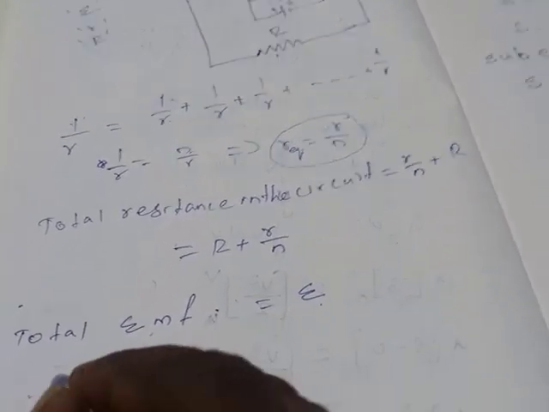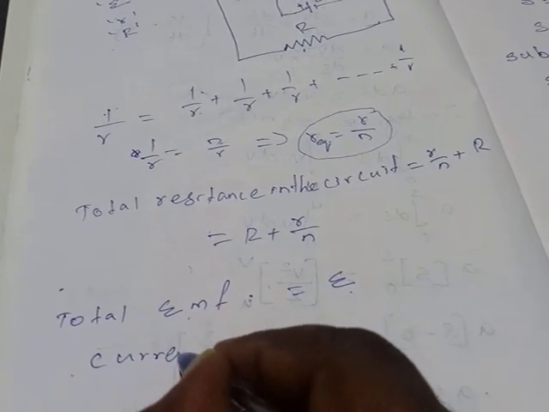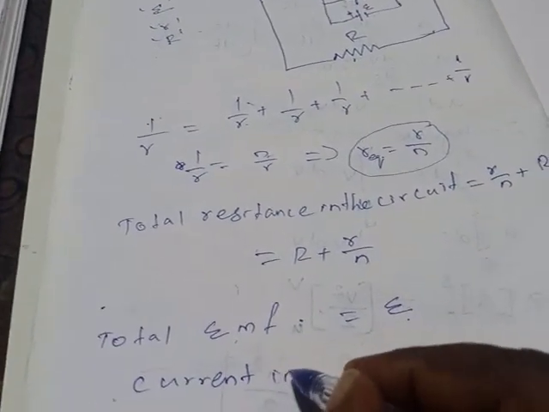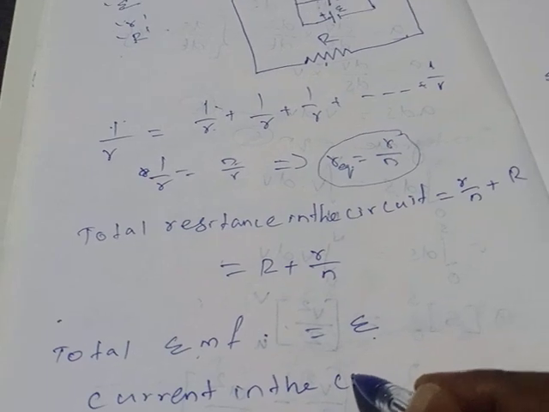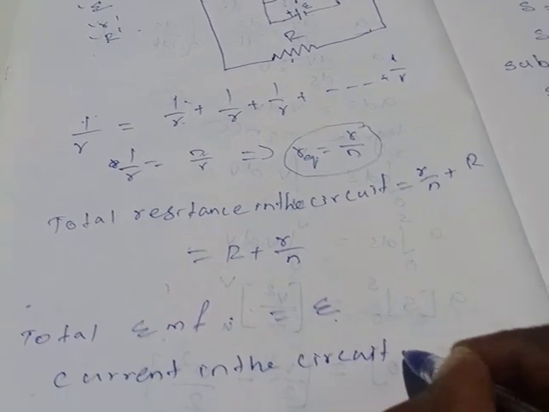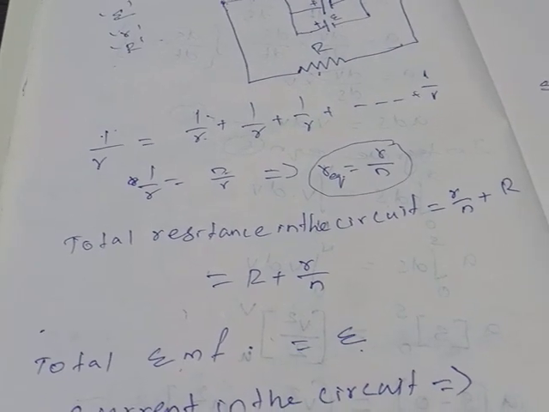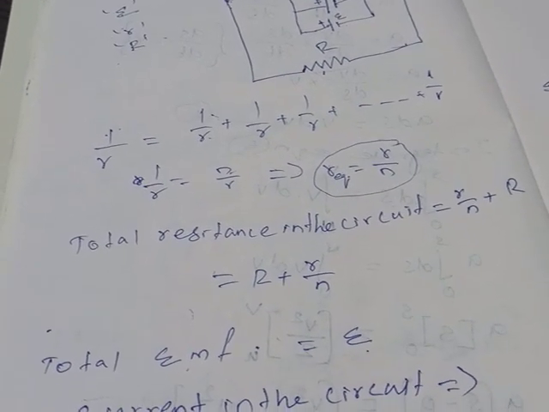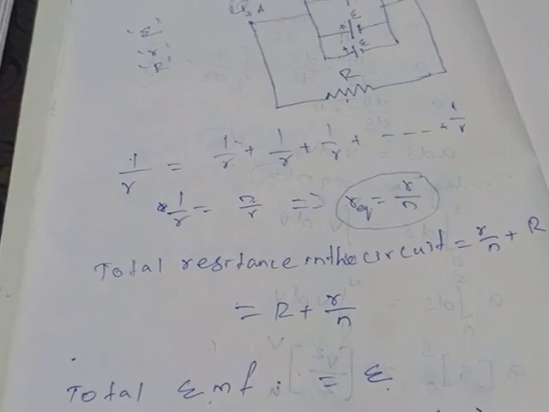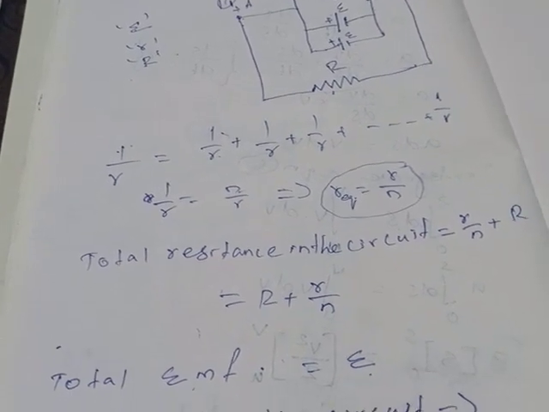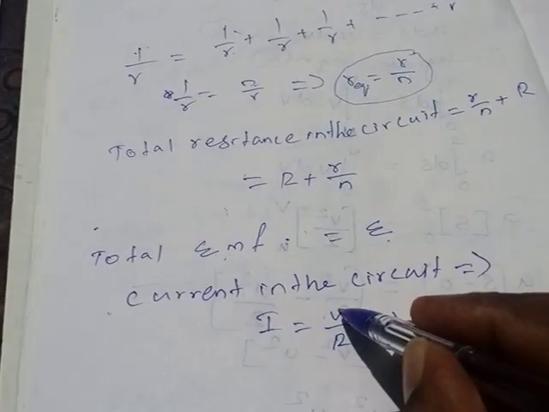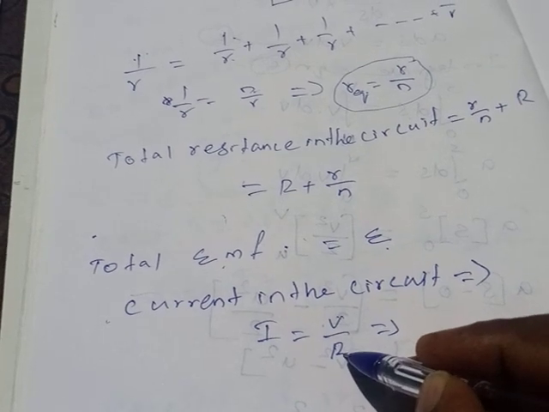So the current in the circuit is I is equal to, you know that formula, V by R. So total EMF divided by total resistance in the circuit.